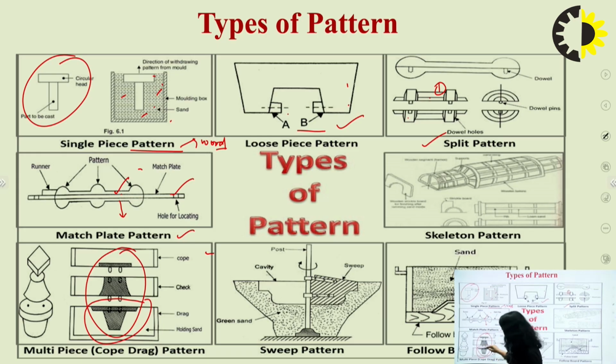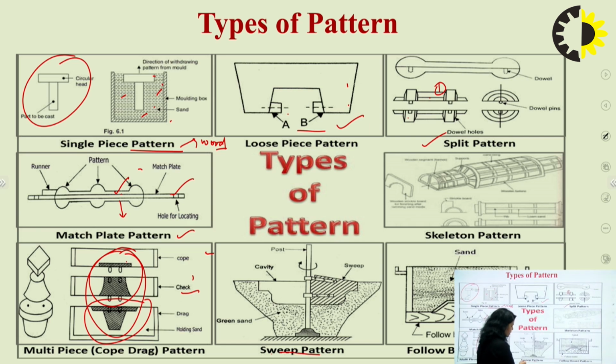But if we keep these two pieces together, then it will not be possible to make this cavity. So we are creating it with the help of three flasks: cope, drag, and cheek. It is made in three pieces, and three cavities will be created here. That's why it is known as the multi-piece pattern. Clear?